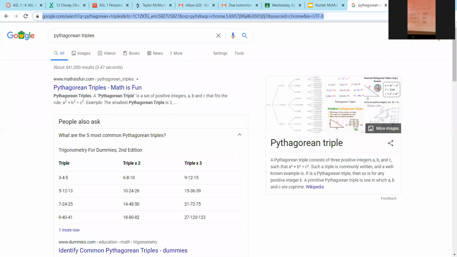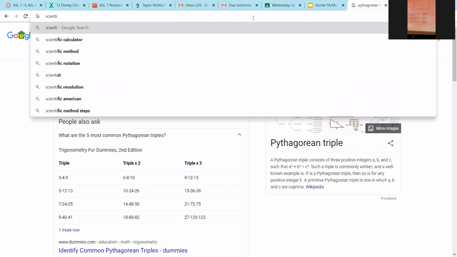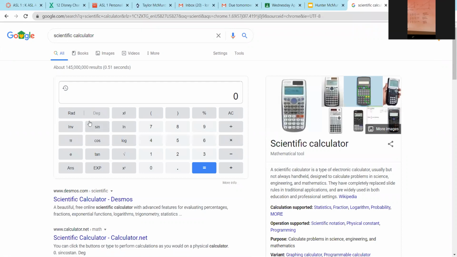If I just ask for a scientific calculator, this is going to be important. There are two options. This one, RAD, is called radians. This one is in degrees. DEG is degrees. We want to be in degrees.